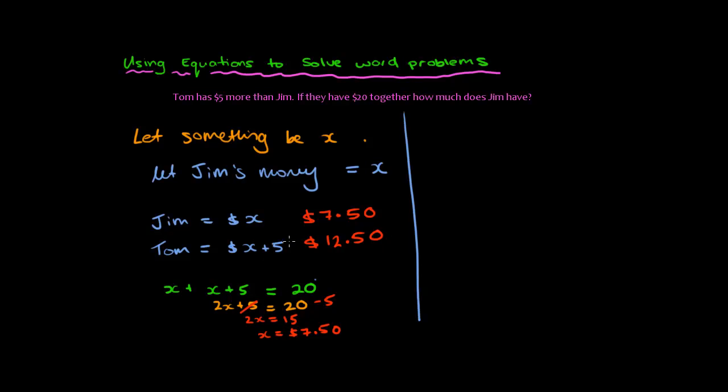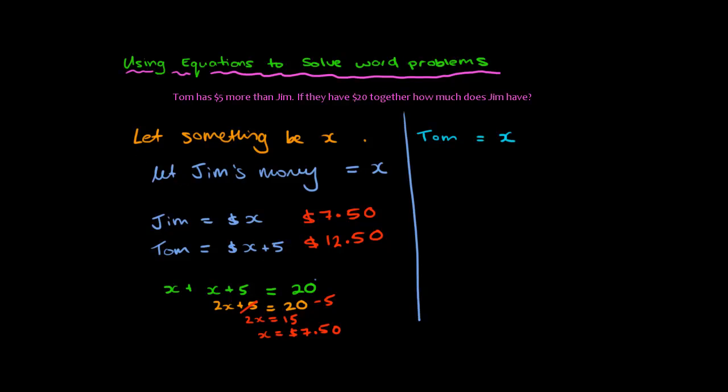So you can see that we're using algebra. Once we form the equation, solving it is quite easy. Now, some people say, what happens if I did it the other way? What happens if I didn't let Jim's money be x? What if I made a mistake by accident and said Tom equals x?